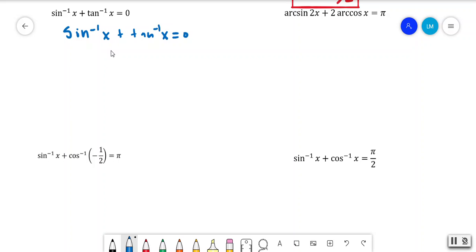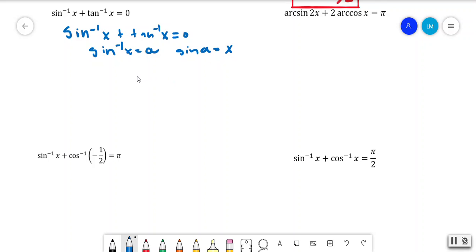In some cases, we may have to apply the inverse to both sides. Let's isolate the variable: let's say sine inverse of x is equal to a, then that means sine of a equals x.